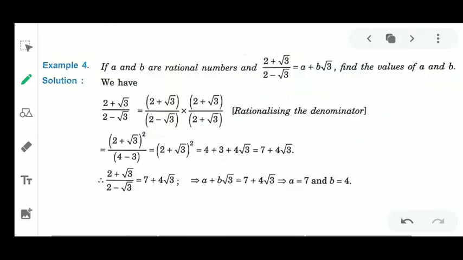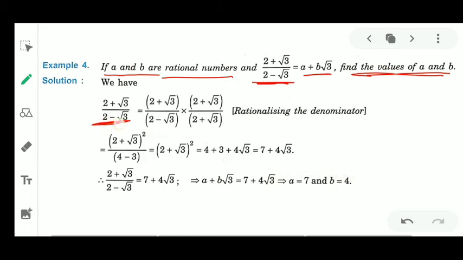Next we have example 4. If a and b are rational numbers, then (2 plus root 3) by (2 minus root 3) is equal to a plus b root 3. Find the values of a and b. So first write the number, (2 plus root 3) by (2 minus root 3).